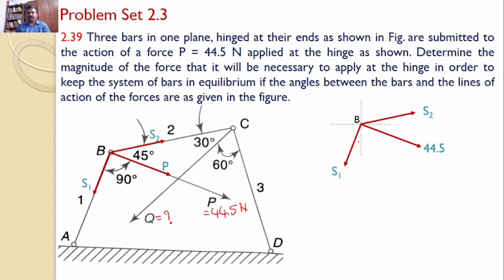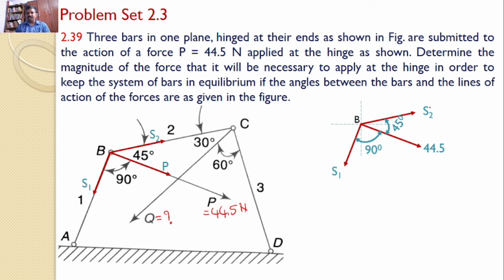Let us see what are the various angles that are given. Given that the angle between S1 and P is equal to 90 degrees. That means this angle is 90. Similarly, the angle between P and S2 is given as 45 degrees. Hence, this angle is also 45 degrees.